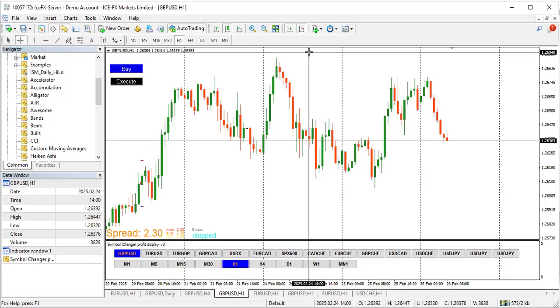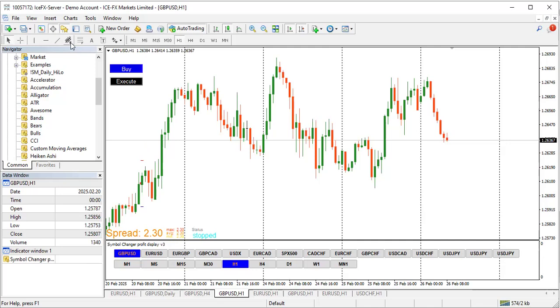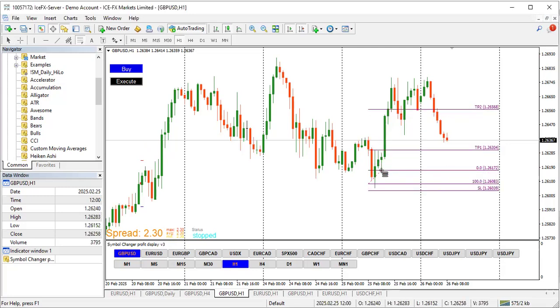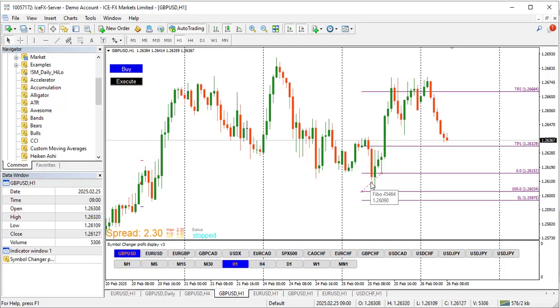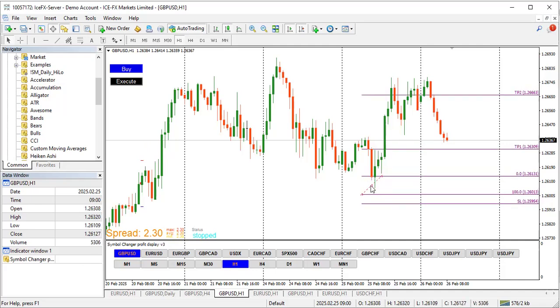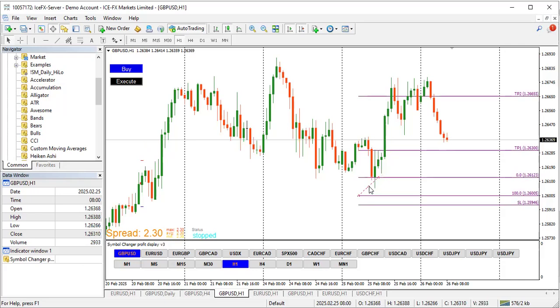I would have taken a moment, taking the fibs, and drawn it like this, from the bottom of that candle, and we are looking for 15 pips.